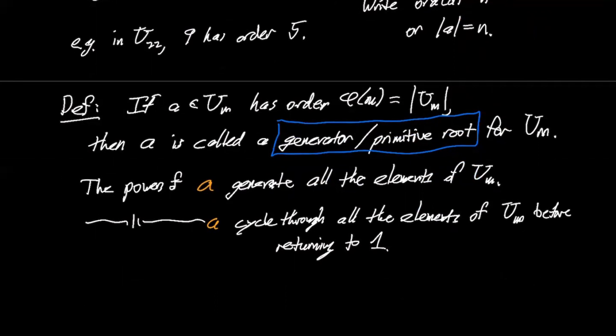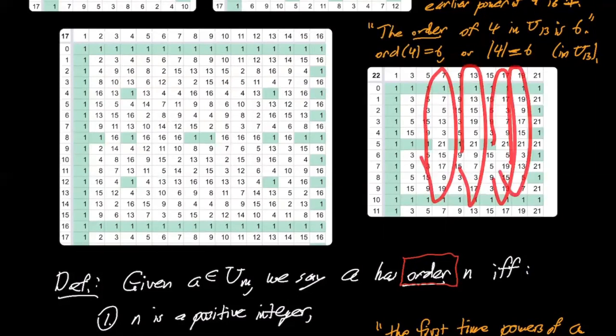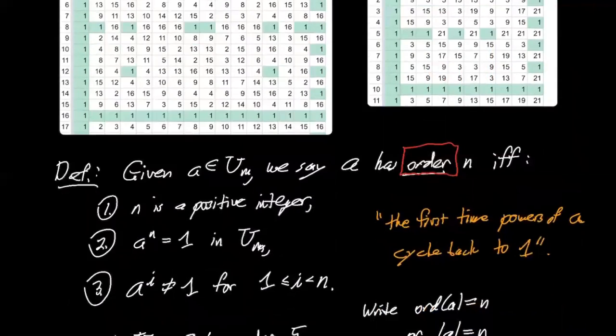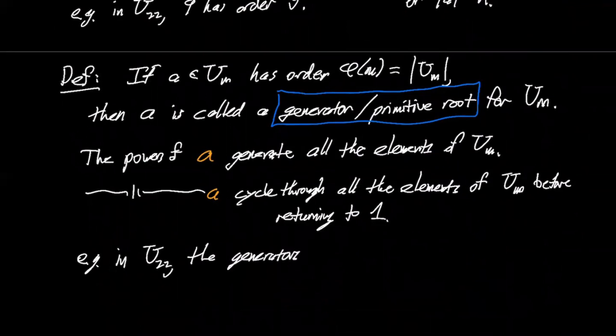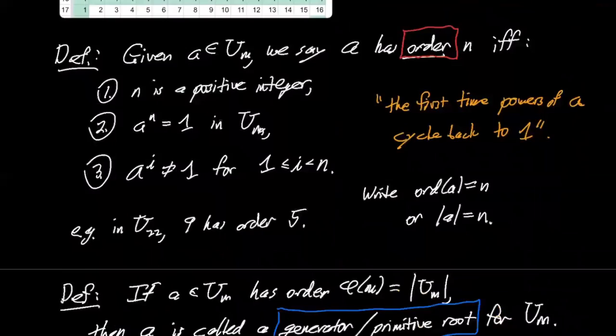Right, and so just as an example, in U sub 22, say, the generators are 7, 13, 17, and 19. I already forgot the numbers I said: 7, 13, 17, and 19.